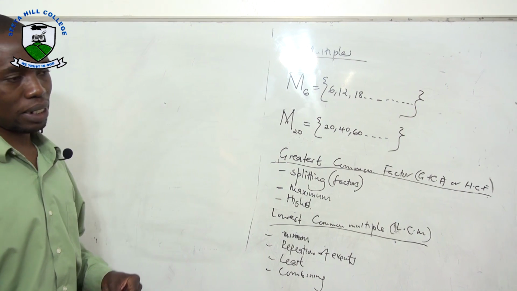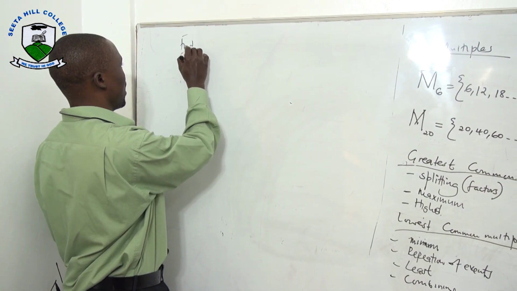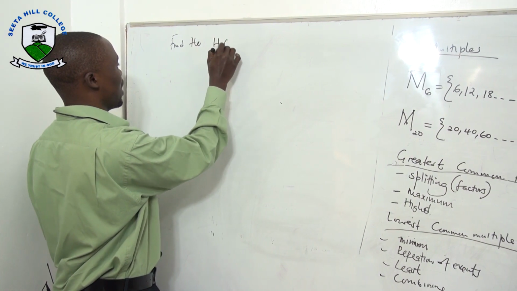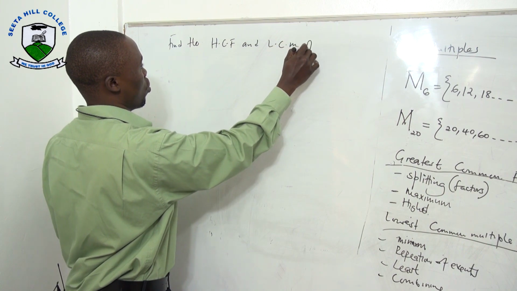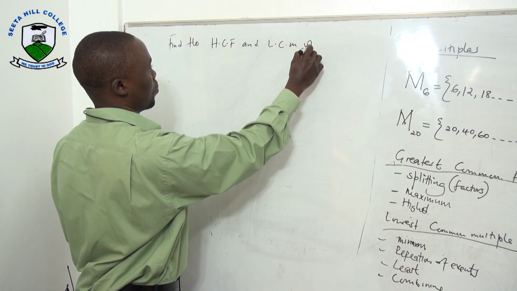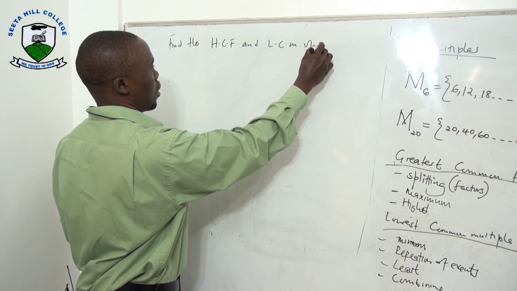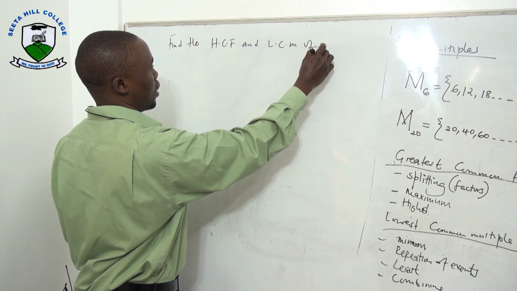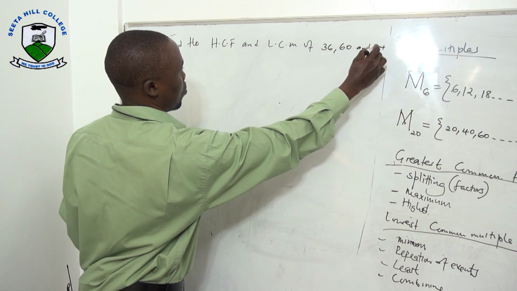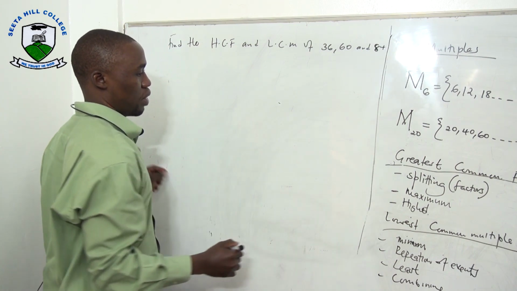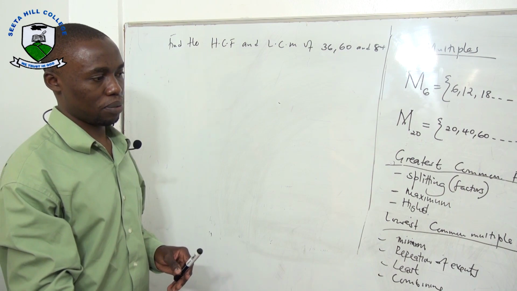Find the HCF and LCM of 30, 36, 60 and 84. Then when you finish that, I give you some word problems.